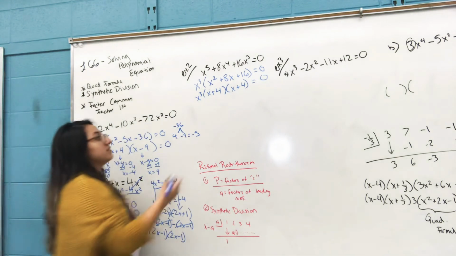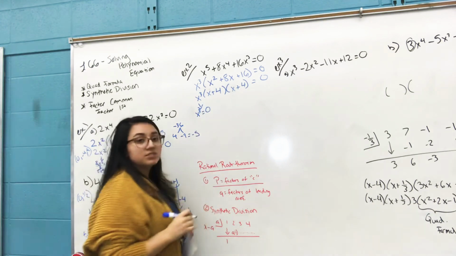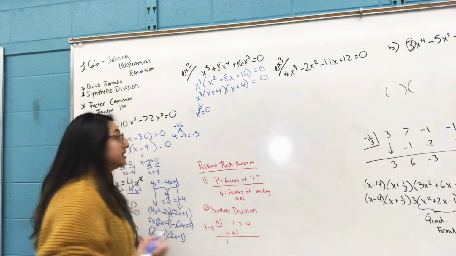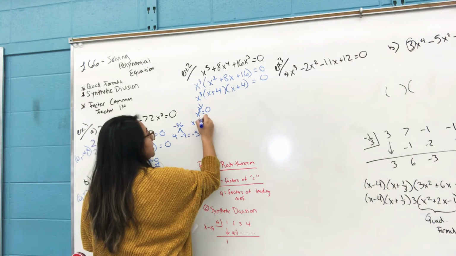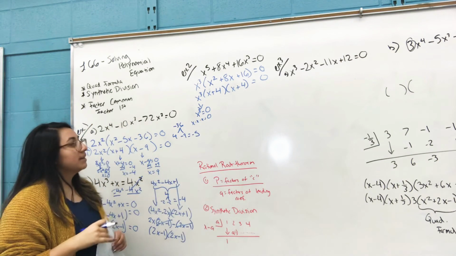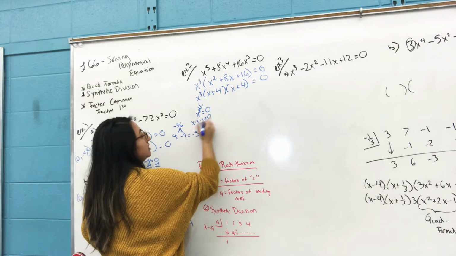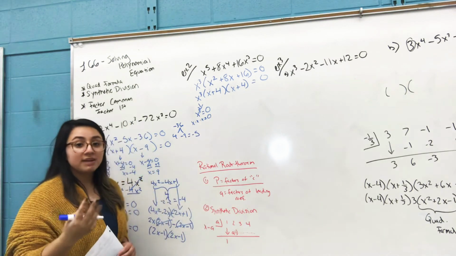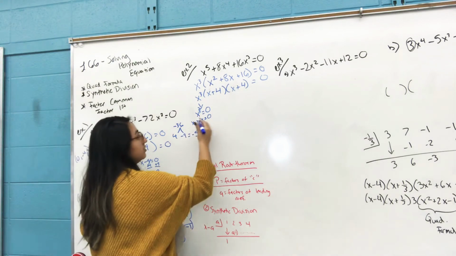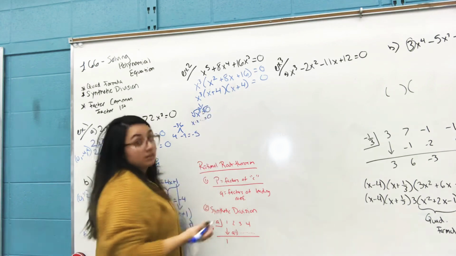Now, we set each of these equal to 0. Here, x cubed is equal to 0. The answer would be 0 because x times x times x, one number multiplied 3 times that gives us 0, would be 0 in this case because the cube root of 0 is 0.